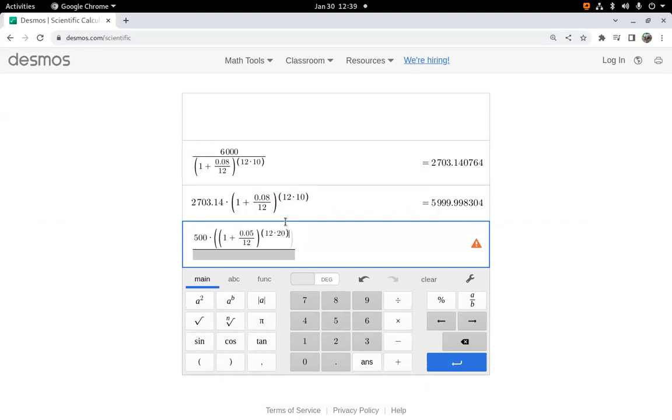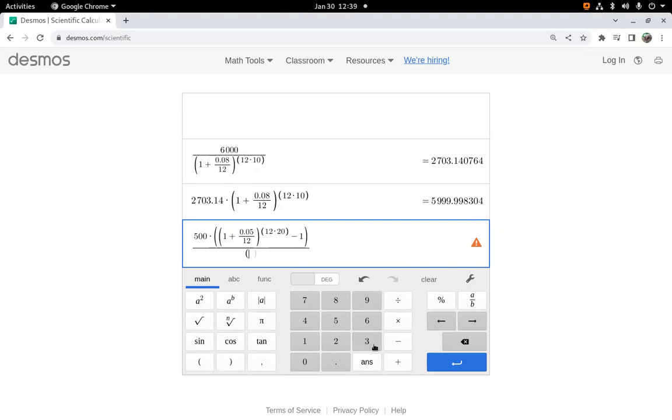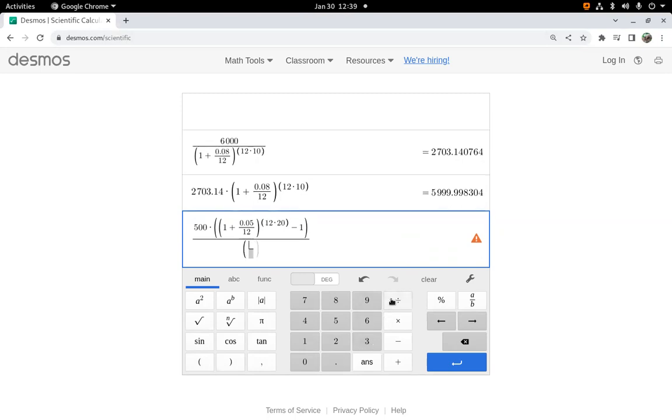And I have to close the power, get out of the exponent position to subtract the 1. And then in the denominator, with this calculator, I'm pretty sure I don't need parentheses, but I'm going to put it in to be safe. And then I have a fraction in here of my APR, annual percentage rate, split into 12 months in the year.